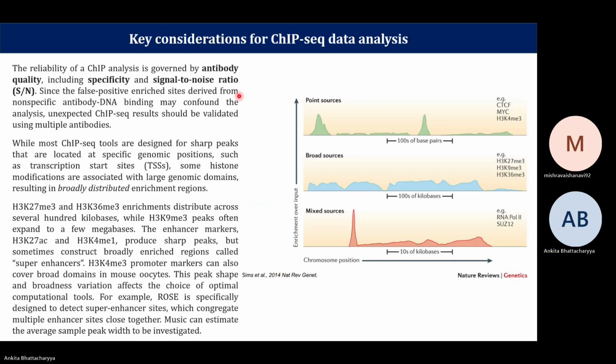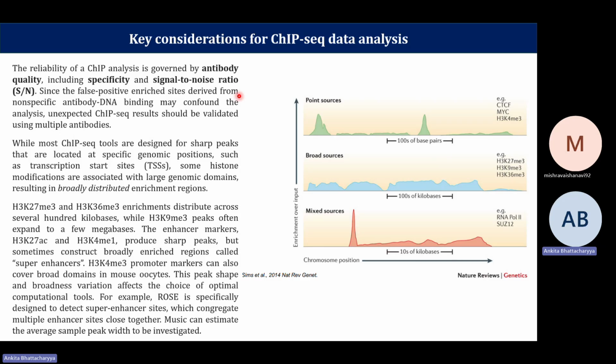Okay. Now, what do you need to consider? Let's say you have decided that you're going to perform ChIP-seq, you have prepared your samples, and you've sent it for sequencing. What all should you know? Before you even come to the decision that sequencing needs to be performed, the reliability of a chip analysis is governed by how good is the antibody that you are using.